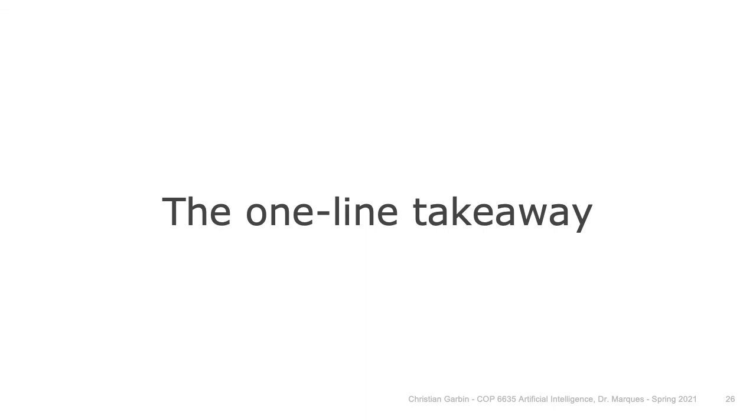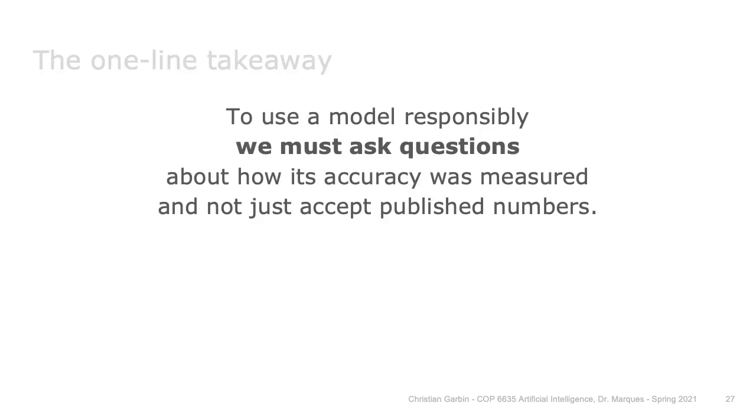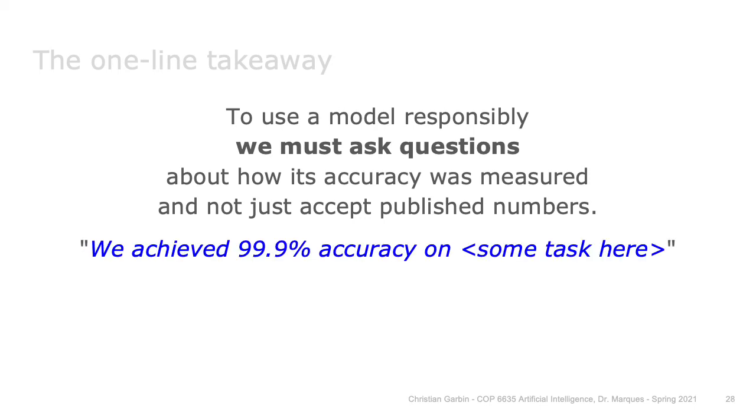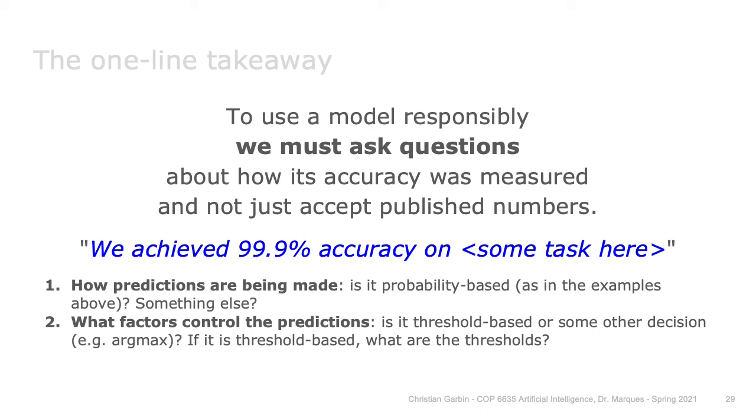So what's the takeaway from this discussion? The takeaway is that for us to use a model responsibly, we must ask questions about how its accuracy was measured and not just accept any published number. For example, if you see something that says we achieved 99.9% accuracy on some task that the model was applied to, that accuracy number is meaningless until we understand the context used to measure it.